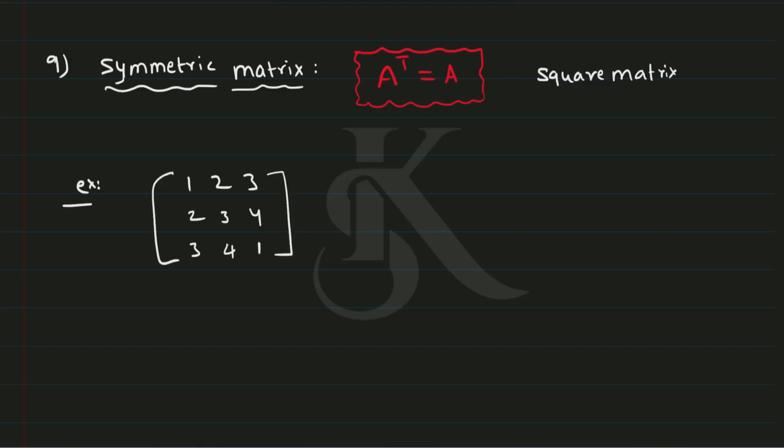This is the row. This row we write as a column: 1, 2, 3.